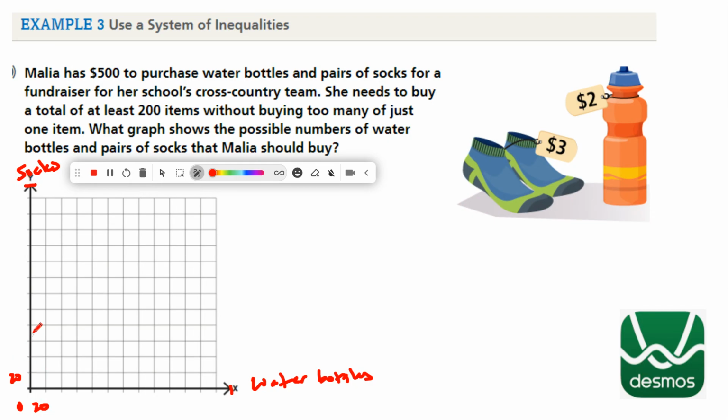So 20, 40, 60, 80, 100, 120, 140, 160, and we'll go almost to 170. So there's 167. And then I'm going to 250. So 20, 40, 60, 80, 100, 120, 140, 160, 180, 200, 220, 240, there's 260, so 250. And there's 250. Connect those as best I can with a solid line.